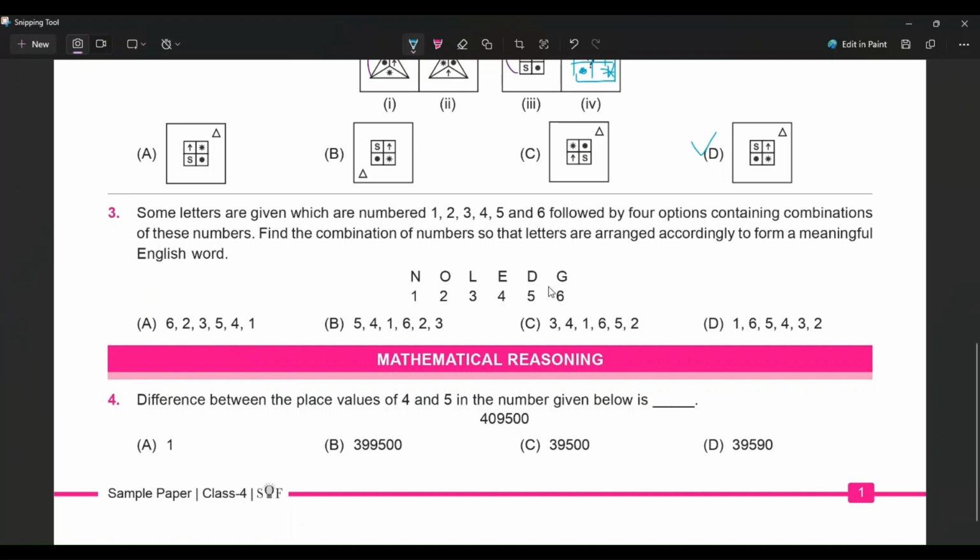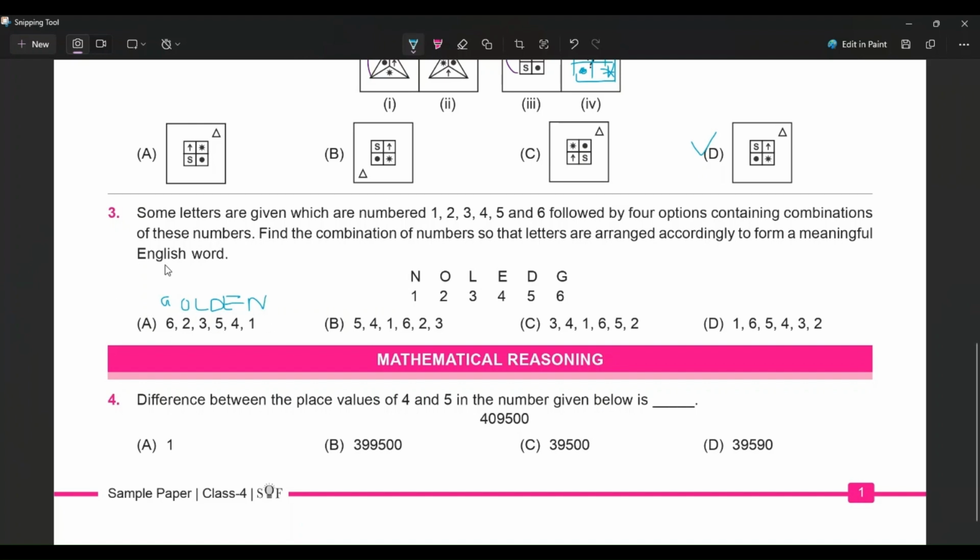Check with the options. See, 6 is nothing but G, O, L, D, E, N.